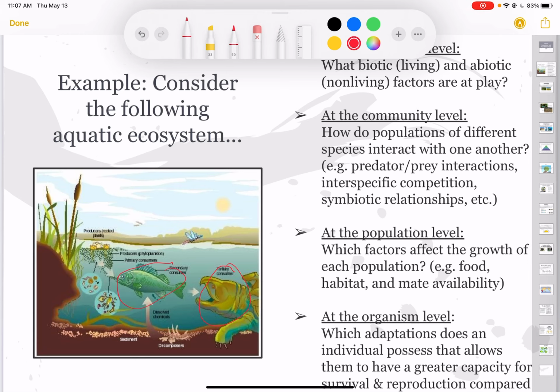If we're looking specifically at this turtle, what are the things that would affect it? Well, how much food it has, the habitat, its mate availability. That's going to affect how many turtles live in the population. If you don't have anyone to breed with, you're not going to have any more baby turtles. Depending on how much food is available, whether they'll live or not, and then their habitat. Do they have shelter? Do they have that space?